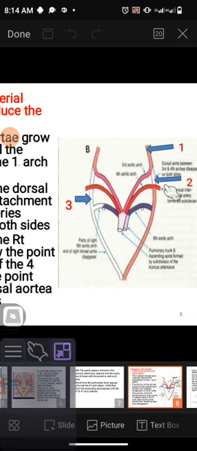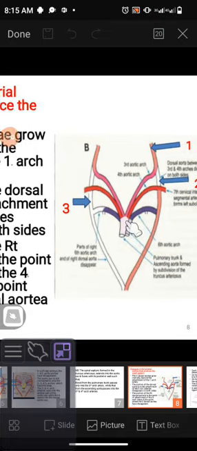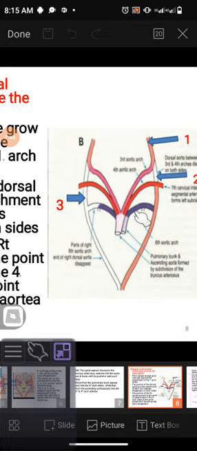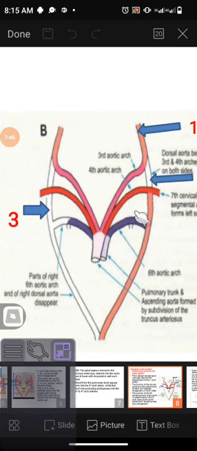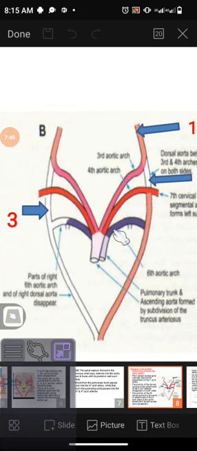Like I told you, this dorsal aorta, you see that this aortic sac has already bifurcated, and the third and the fourth are connected to the ventral portion of this bifurcation, whereas the sixth is opening into the dorsal part. And I told you that we don't want mixing of oxygenated and deoxygenated blood. That's why it has to be separated at that point.